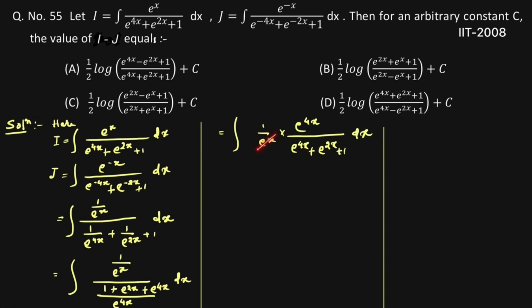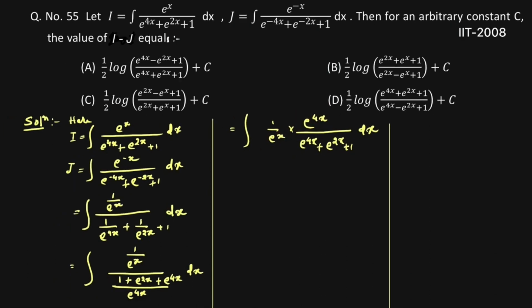Then we cancel e to power x to e to power 4x, we will get e to power 3x. Then j is equal to e to power 3x divided by e to power 4x plus e to power 2x plus 1 dx.